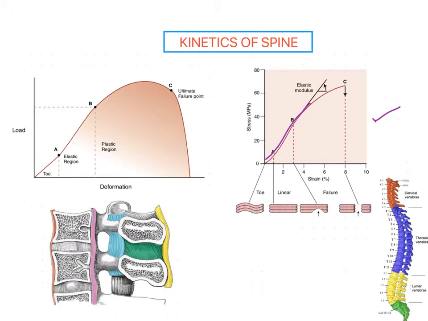And because of the complexity of the column, accurate determination of both the stiffness of the entire column as a whole and the contributions of various structures to stiffness is very difficult to obtain. The stiffness of the column as a whole is easier to determine than that of the individual structures.